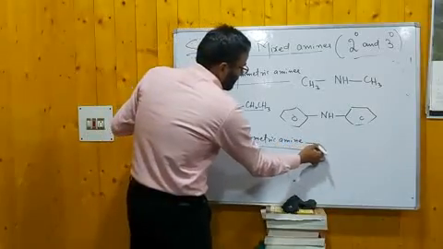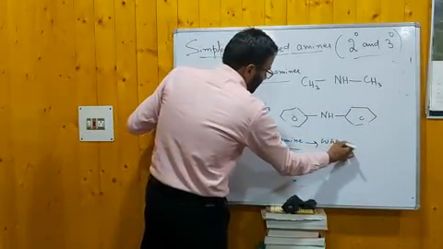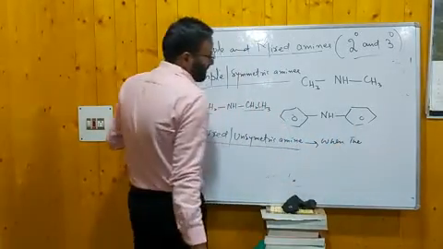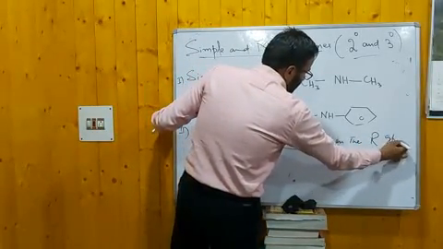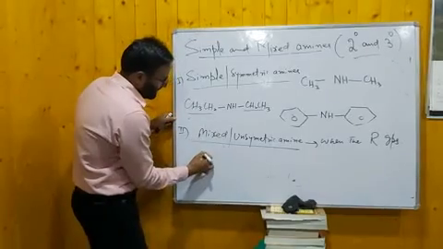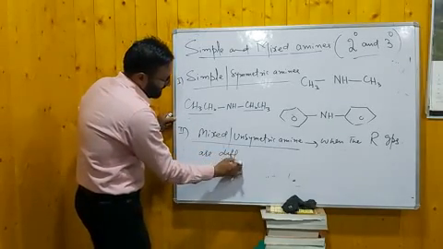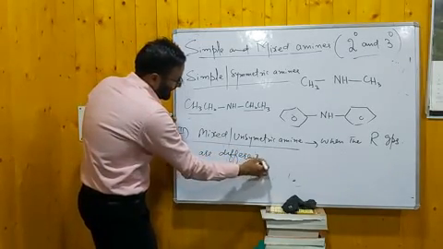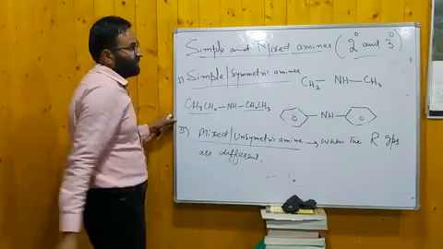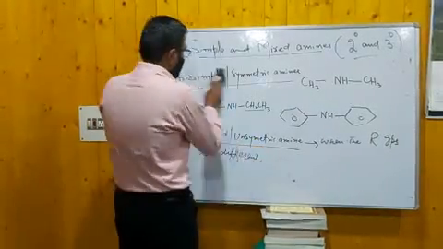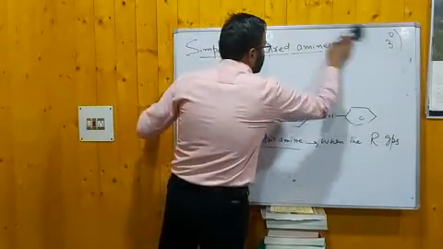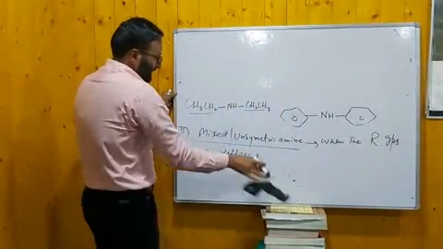When the R groups are different, at that time amines are known as mixed amines. It can be either secondary or tertiary. Let us take examples of mixed.